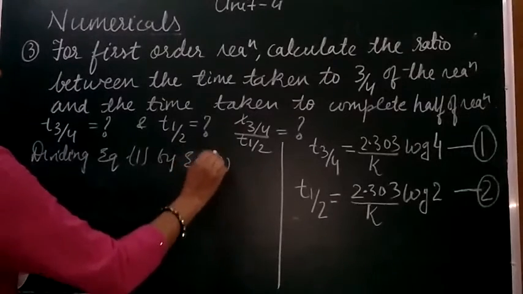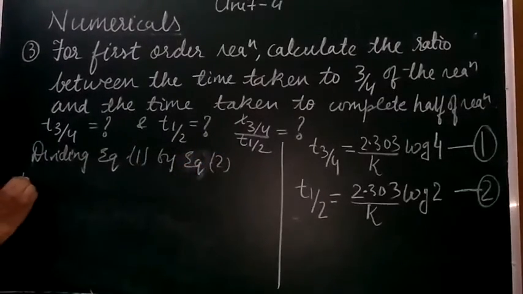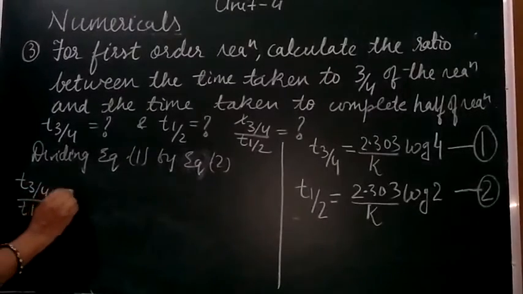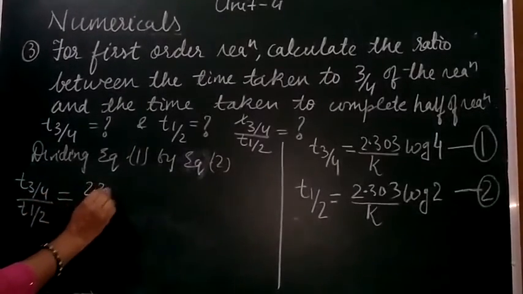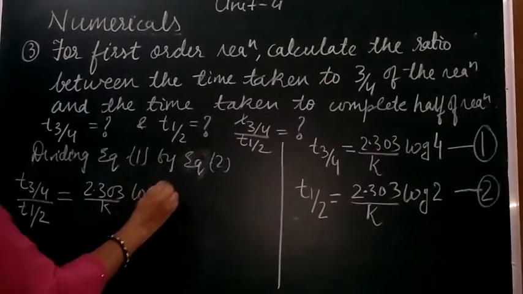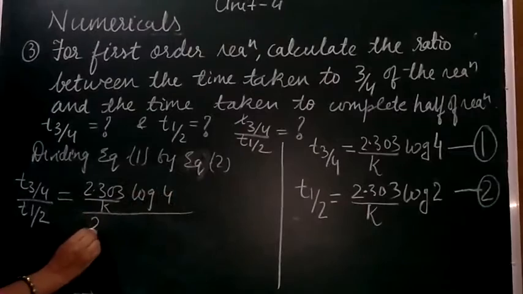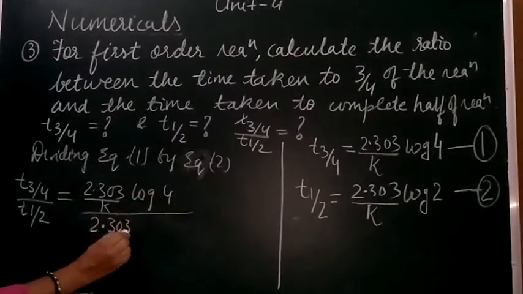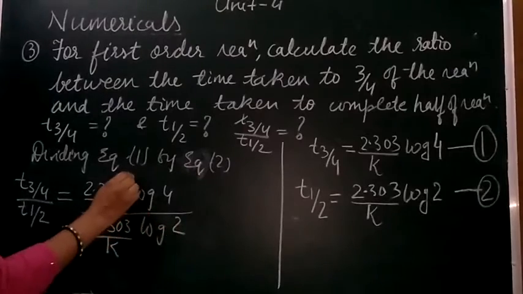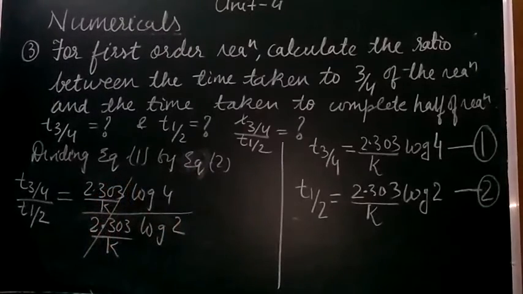So it will become t 3/4 upon t half equals 2.303 upon k log 4 upon 2.303 upon k log 2. Now this part will get cancelled out, right?